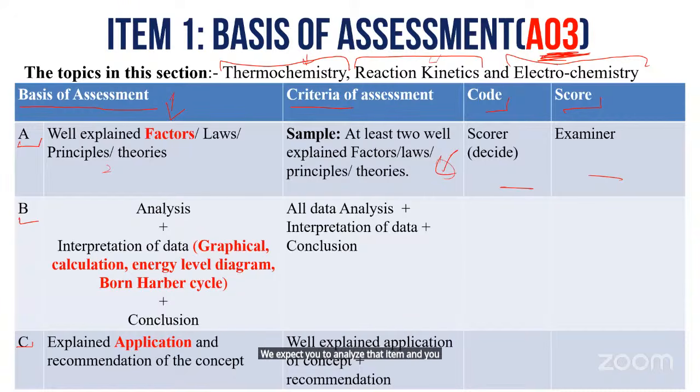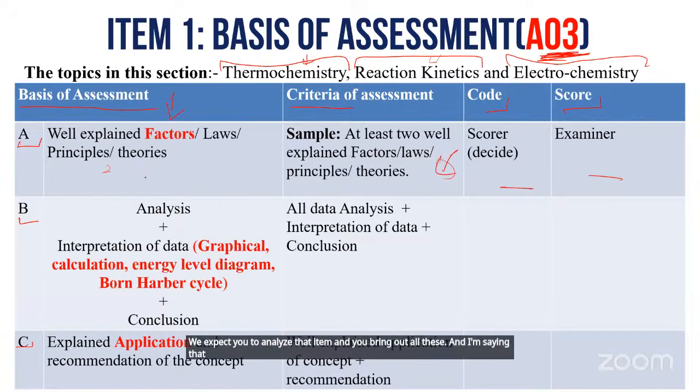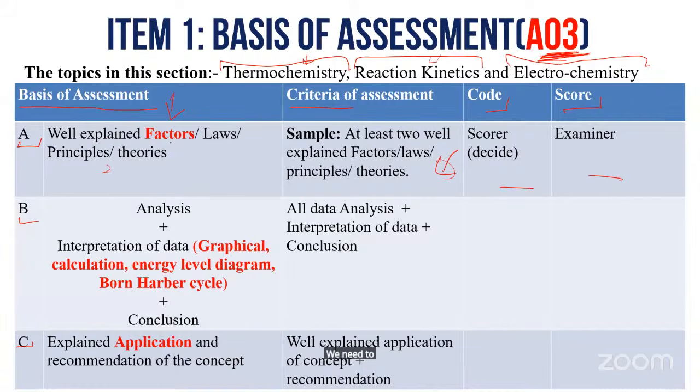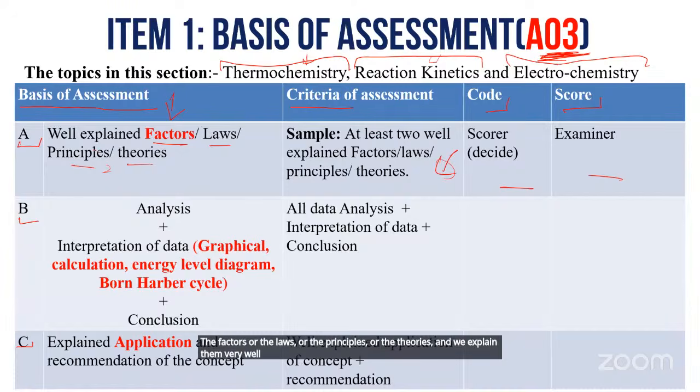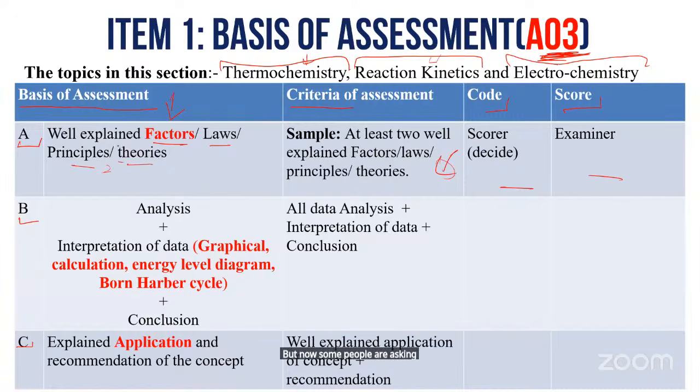And we're saying that for number 1, we need to look at the factors or the laws or the principles or the theories, and we explain them very well. Very well explained. Now some people are asking, if it is about a theory, we can have a code like T1, T, and then TE, which is a theory which is explained.